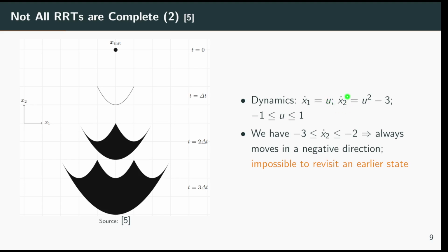And the change of the x2 variable is u squared minus 3. And then if you look at the limits of u, you can calculate that this change of x2 is always negative, right? If you select 1 or -1, this becomes -2, and if u is 0, then this becomes -3. So it's in this range.